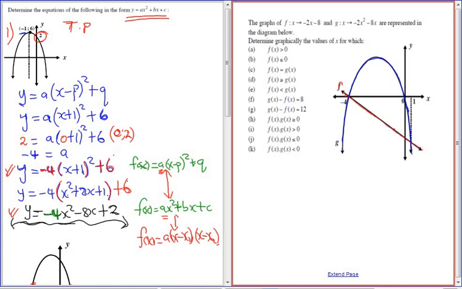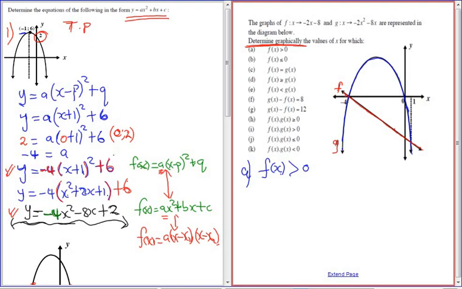So there are a few things we can be asked in a situation like this. So say, for example, you want to determine graphically. You're not going to have to solve it. You have to look at the graph and determine a few things. So, for example, here, firstly, you were asked to determine when f(x) is greater than 0.